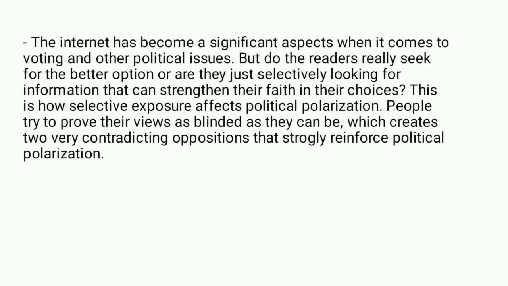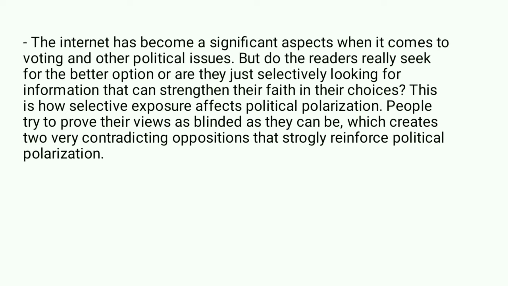This dissertation seeks to improve our understanding of the process by which citizens' selective exposure contributes to attitudinal polarization and engagement in political activities.